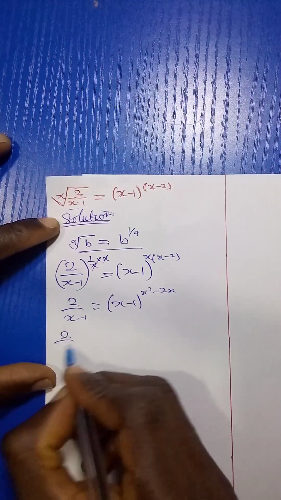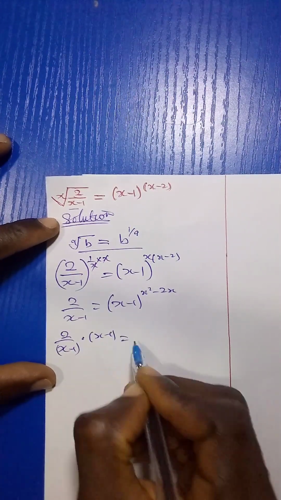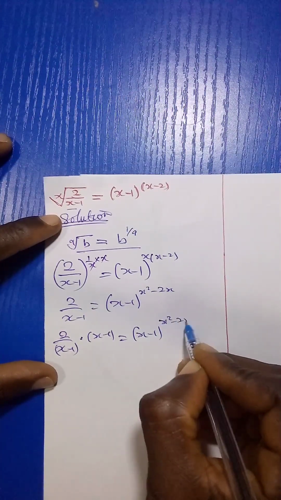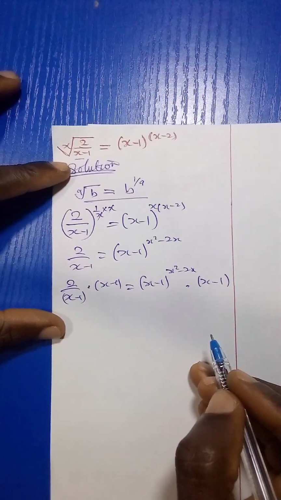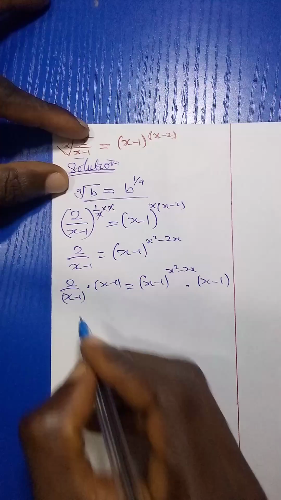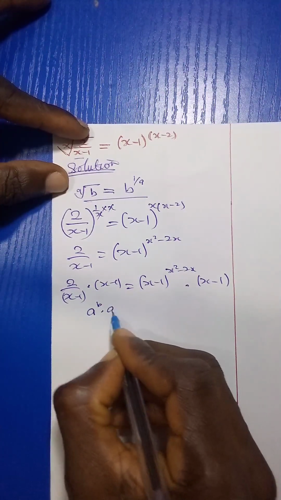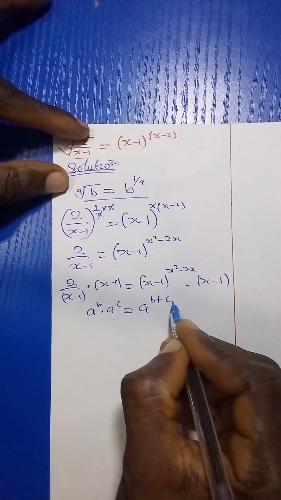So it becomes 2 over x minus 1 times x minus 1 is equal to x minus 1 raised to power x squared minus 2x times x minus 1. We now need to apply another property of indices, that is the addition law of indices. So if I have a raised to power b times a raised to power c, it is the same thing as a raised to power b plus c.